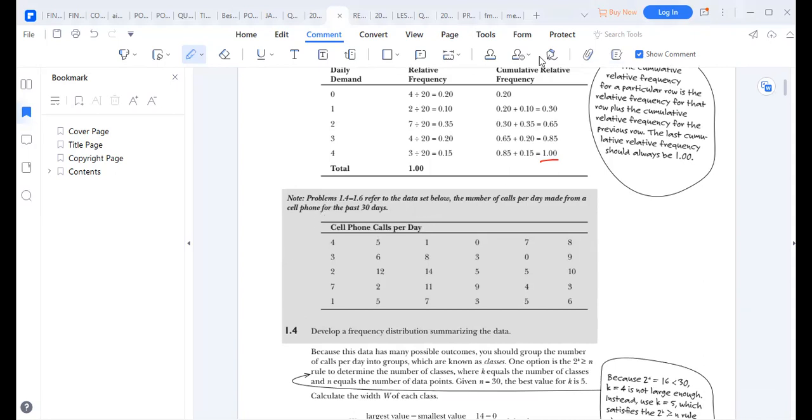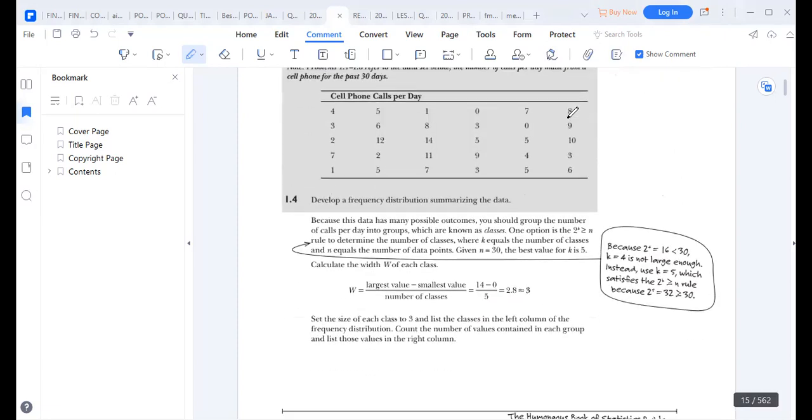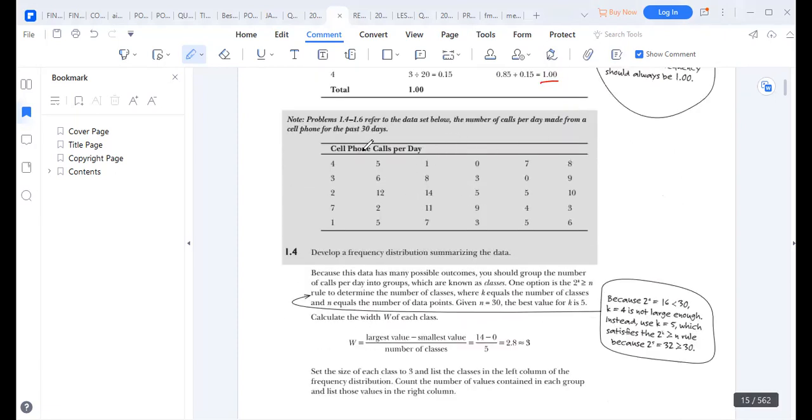Now, this is dealing with daily demand. So we could sometimes be given information as follows, where we are asked, in a data set that has been given, to develop a frequency distribution table. Now notice here, we have information that is kind of diverse.